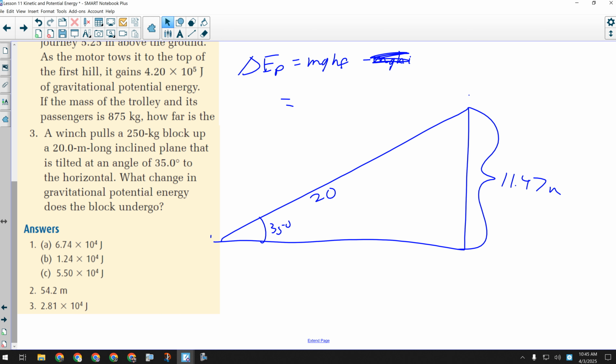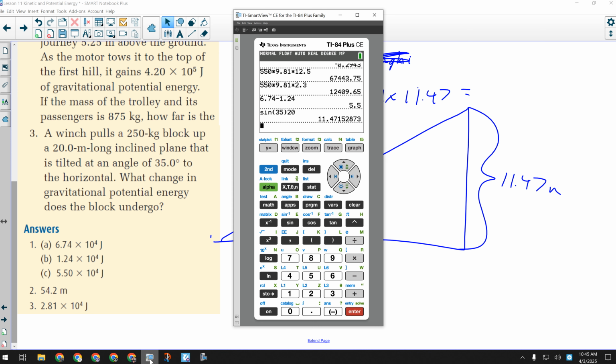Well, now I can go 250 times 9.81 times 11.47, with all the decimals, obviously. So we're going to get 2.81, because we have 3 significant digits, times 10 to the 5. All right with that?